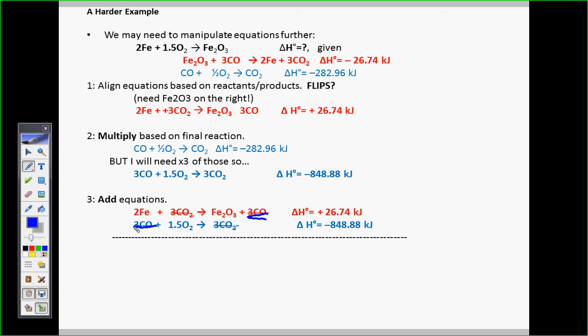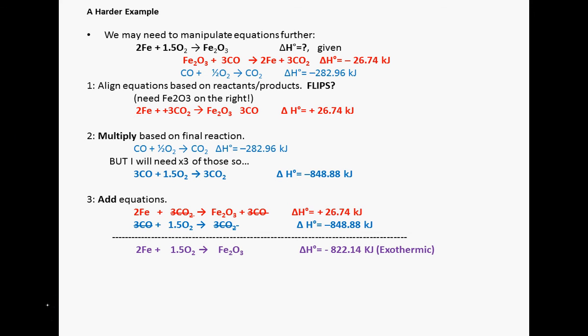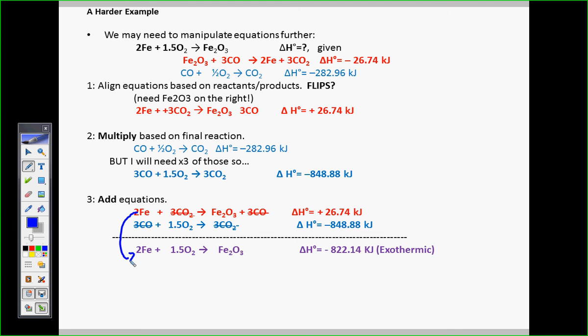I can see 3 carbon dioxides and 3 carbon dioxides cancelling out. And nothing else cancels out, so I'm going to carry the rest down. And I get my 2 irons carried down. I've done it in purple because it's a combination, right? Red and blue combination. My 1.5 oxygens carry down, and my iron oxide carries down.